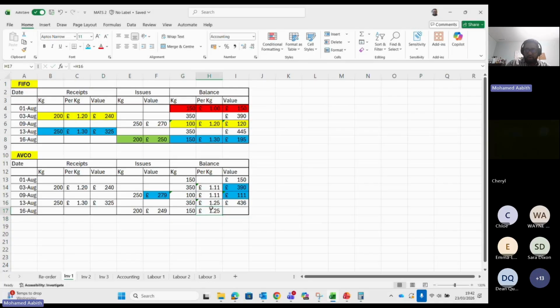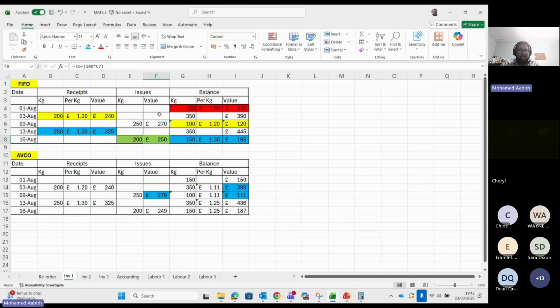And then what we're going to do, this one here is going to be equal to times 150 times 125, and that is 187. So if I add these two numbers, you should get 436.